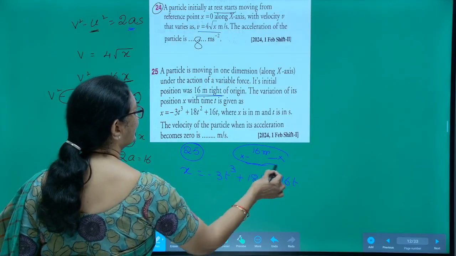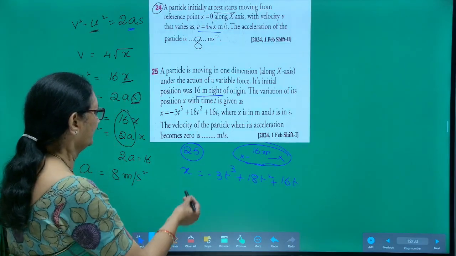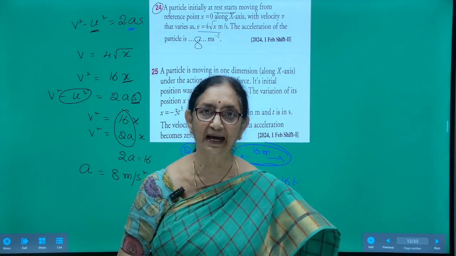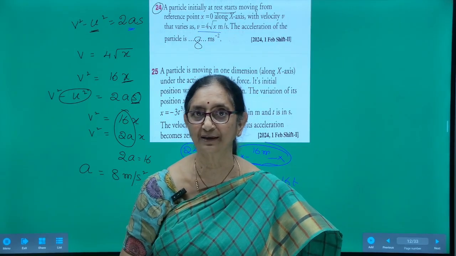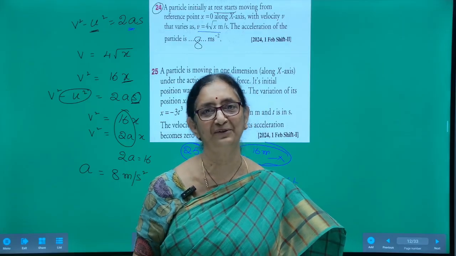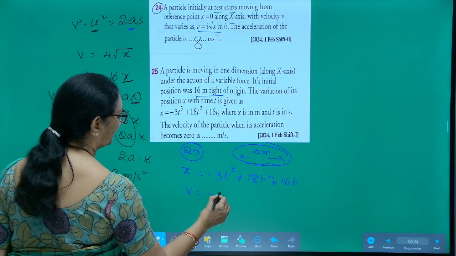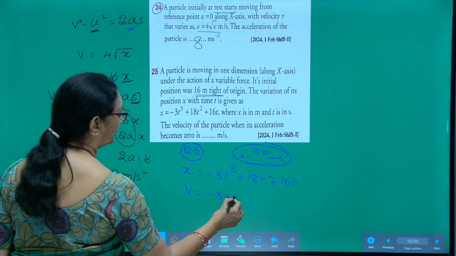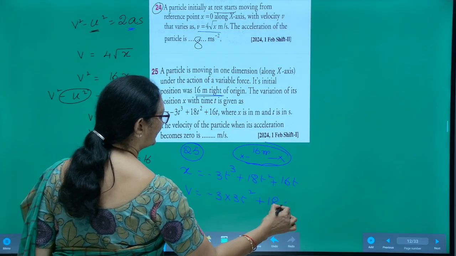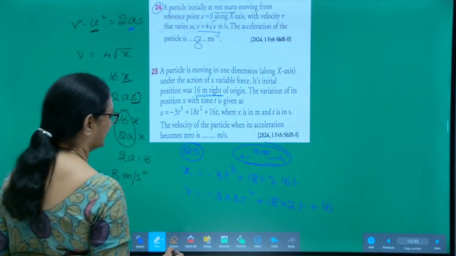Actually, the initial position has no relevance to the question, so we are just ignoring it. If you have displacement as a variable function of time, how do we get velocity? By differentiating displacement with respect to time. So velocity is equal to minus 3t cube, derivative is 3t square, plus 18t square, derivative is 2t, plus 16t, derivative is 1.